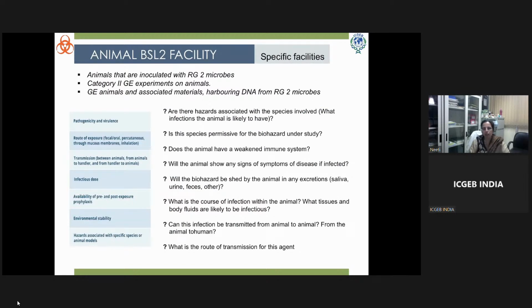And based on the kind of work, there are specific BSL2 facilities that are also available in institutes like ours. So there may be these, what we talked about was the general research labs, but then there are specific facilities like the animal BSL2 facility for handling the animal experiments, and here again the animals that are inoculated with risk group 2 microbes, category 2 GE experiments, or animals which are genetically engineered animals which are harboring the risk group 2 microbes for whatever experimentations can be safely handled.